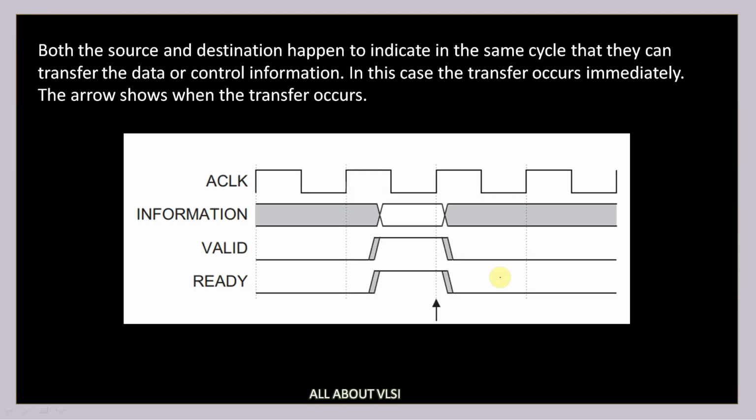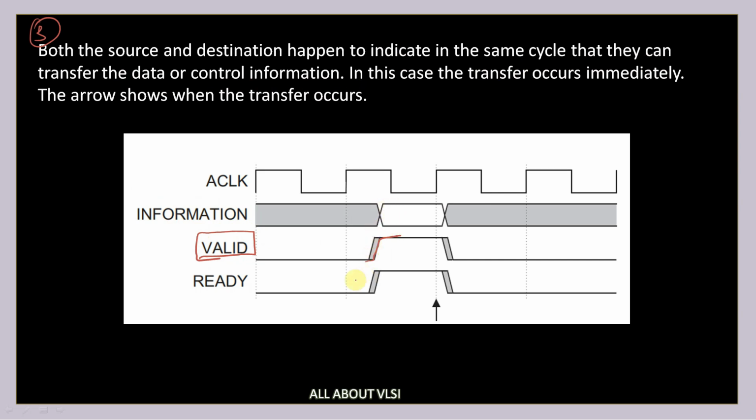Okay, next is both the source and destination happen to indicate in the same cycle that they can transfer the data or the control information. So what we can see here is, your master or your source can make your valid signal high whenever your information is available.